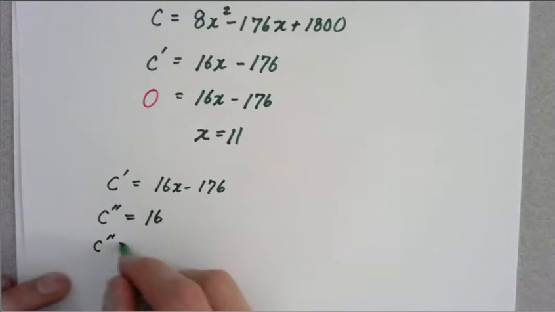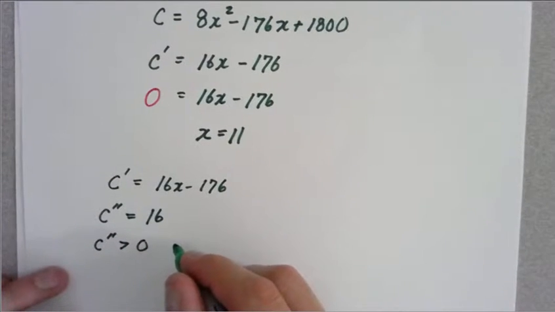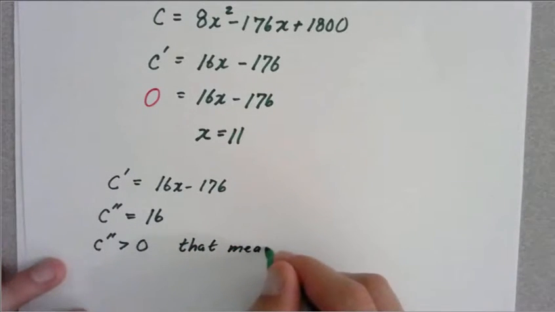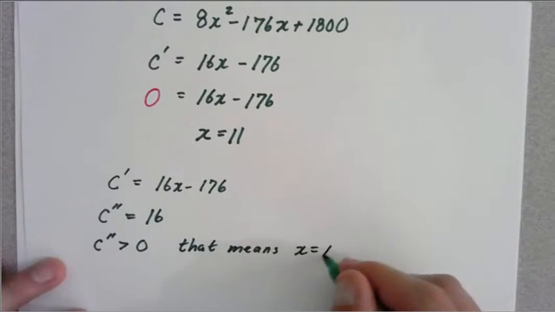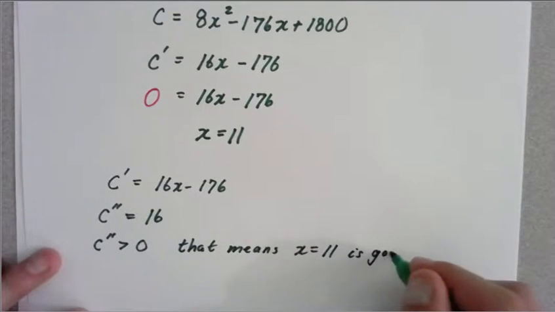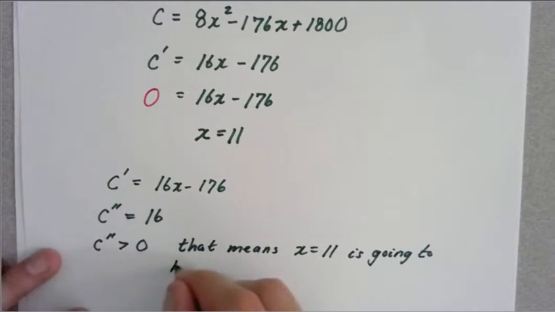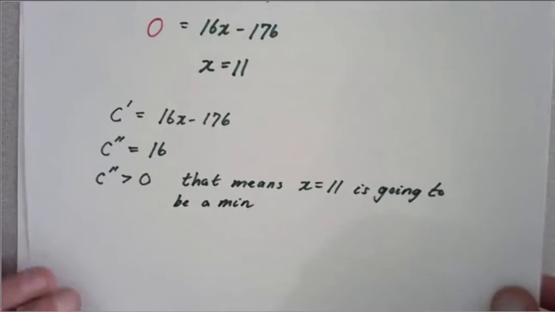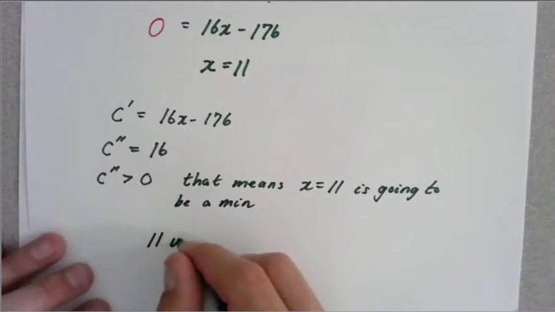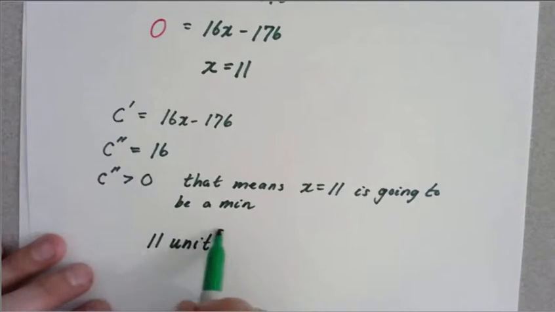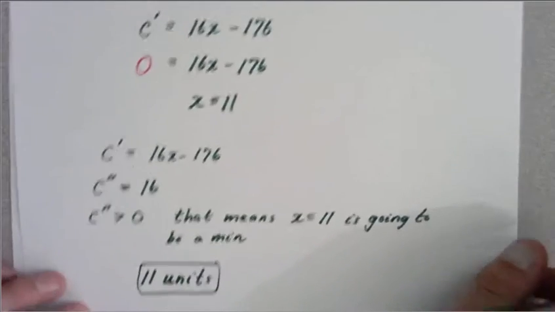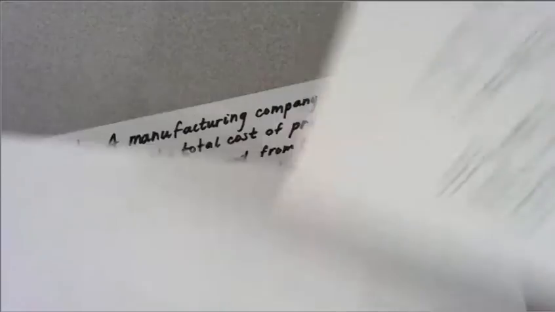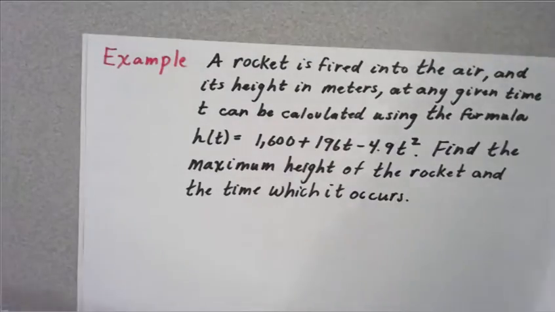That means C double prime is greater than 0, so x equals 11 is going to be a minimum value. What that tells us is that the answer is 11 units. The manufacturer needs to produce 11 units to minimize that cost, using the first and second derivative here. So there's our first problem.